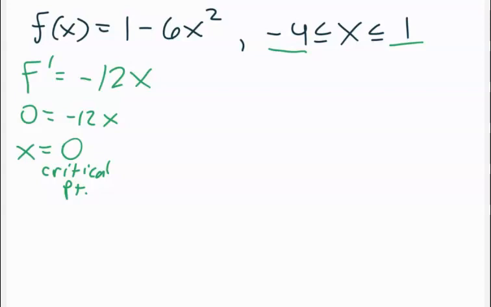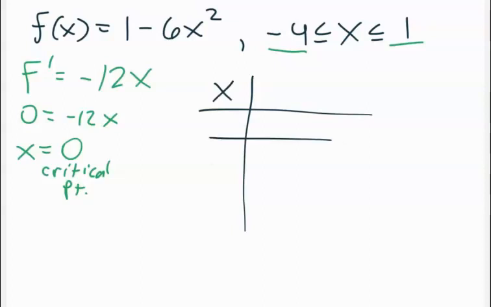All right, so now we have to decide which points are highest and lowest. We essentially have 3 of them here to try. We have negative 4 because it's an endpoint, we have 1 because it's an endpoint, and we have 0 because it's a critical point. So we'll plug these all into the original function.